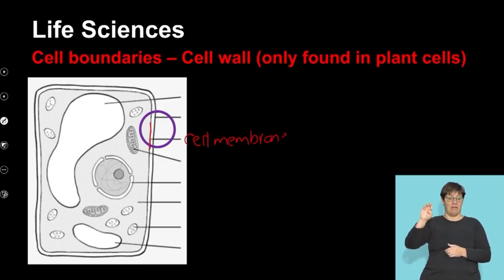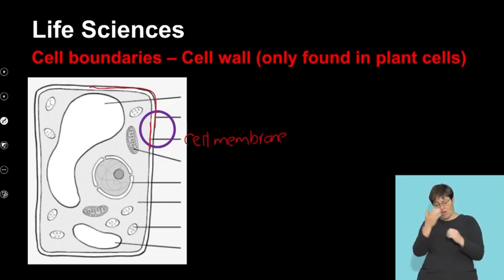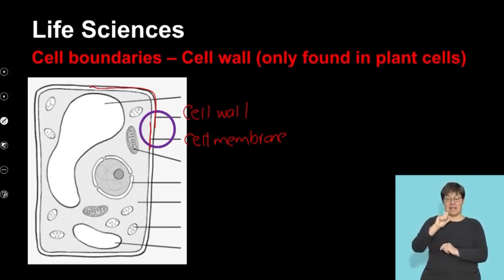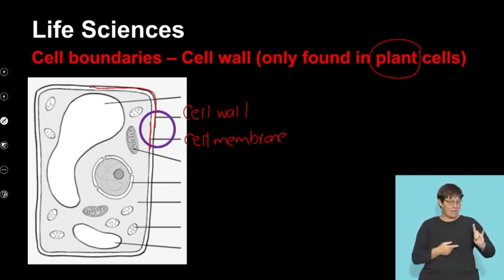But when it comes to a plant cell, they have got another structure on the outside, and that is called a cell wall. Now, this is really important as it's only found in plant cells. Animal cells do not have it. So animal cells are just going to have a cell membrane. Plant cells have got this structure called a cell wall on the outside.